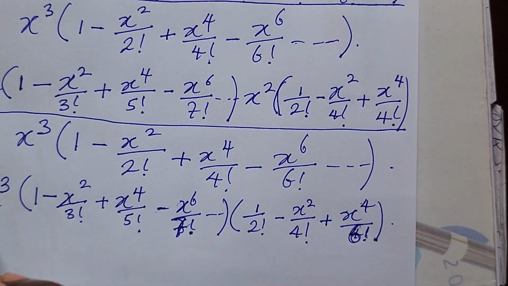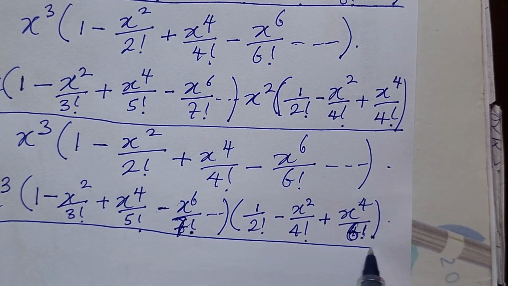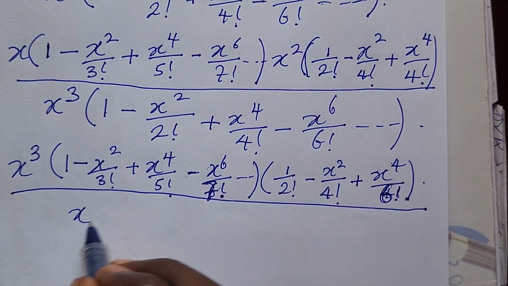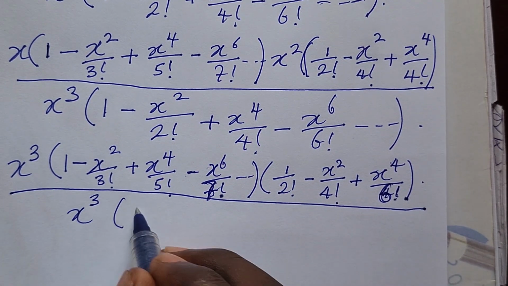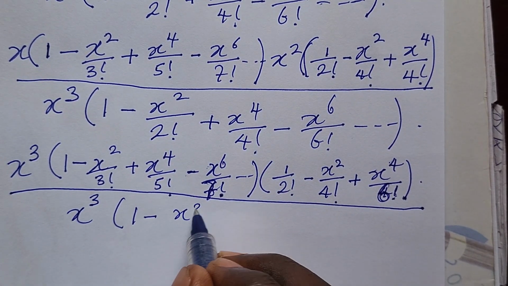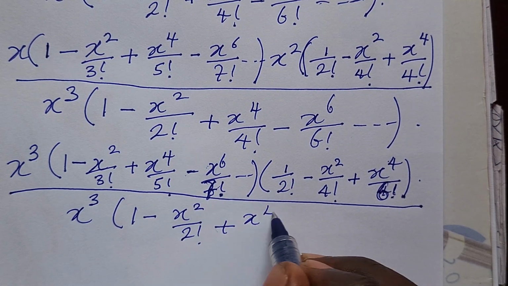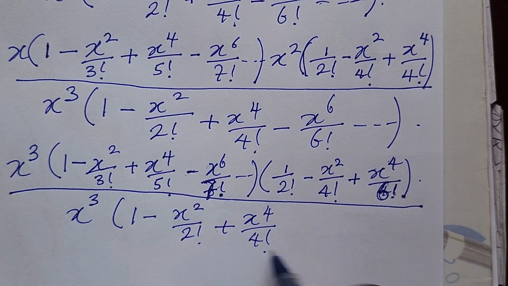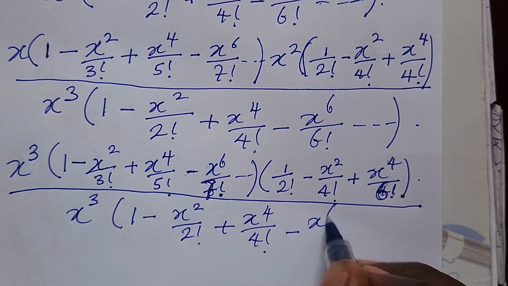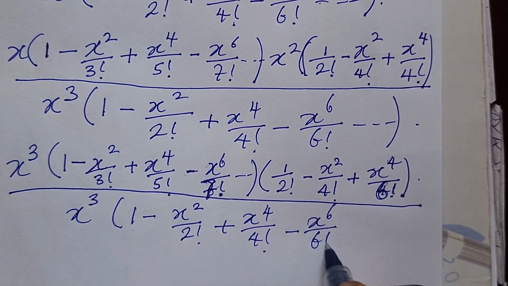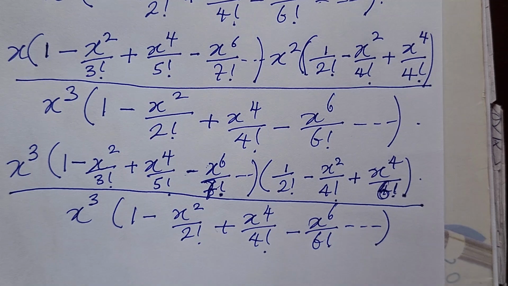Again, everything all over x to the power of 3, close bracket, 1 minus x to the power of 2 all over 2 factorial plus x to the power of 4 all over 4 factorial, then minus x to the power of 6 all over 6 factorial, dash.